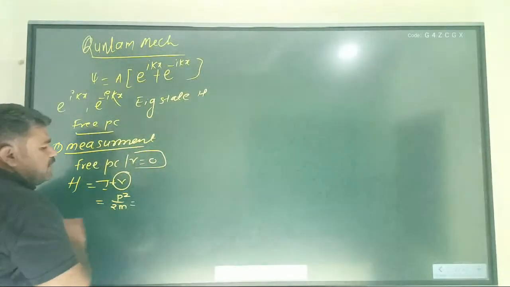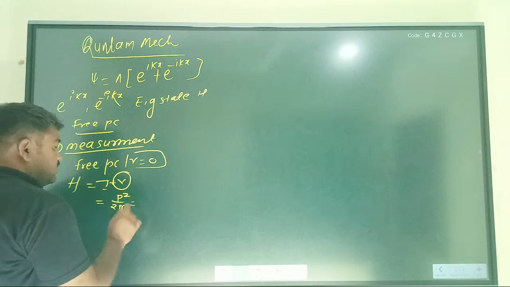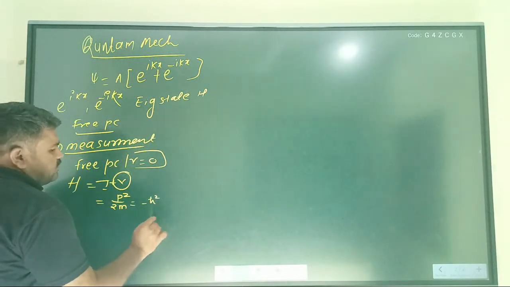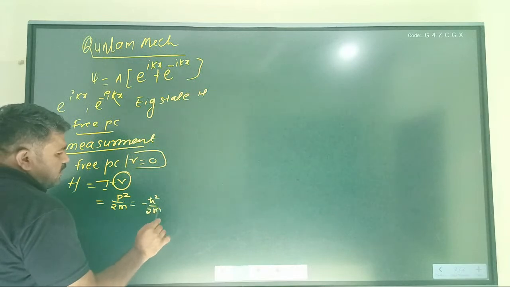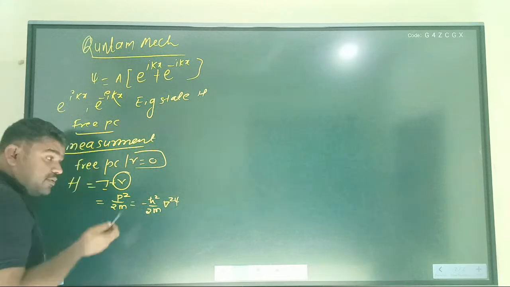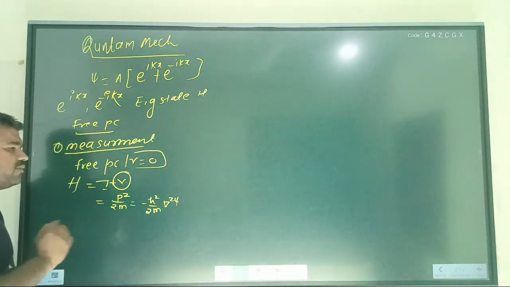Okay. And p square is nothing but, what is the momentum operator? The operator is minus h cross square upon 2m into del square psi, or double derivative of psi with respect to x square. Okay. Now, how to find out the measurements?